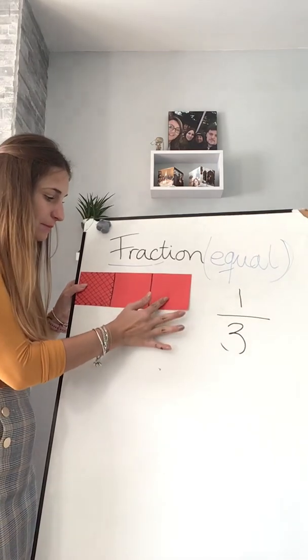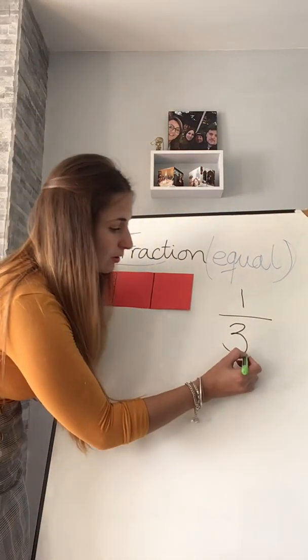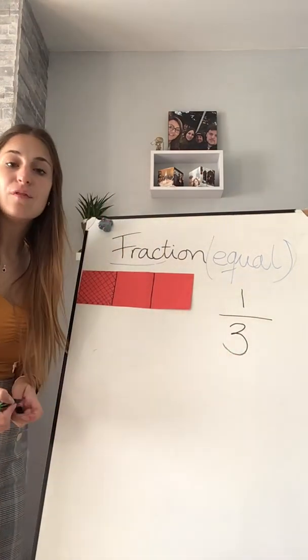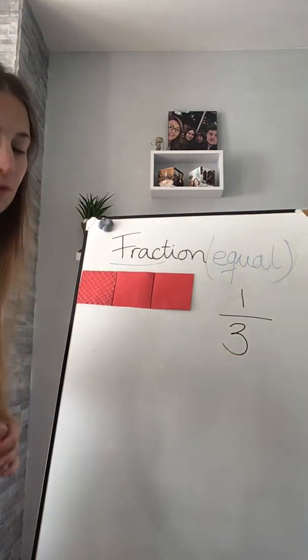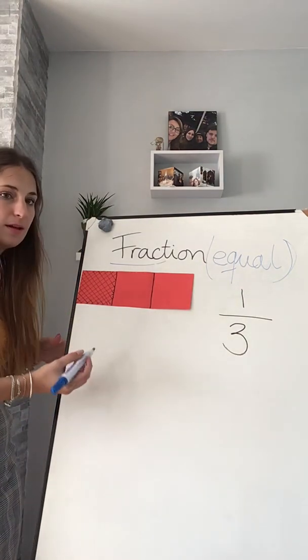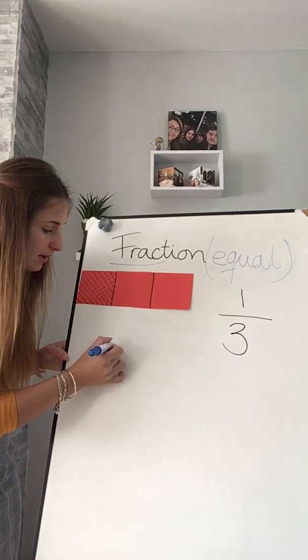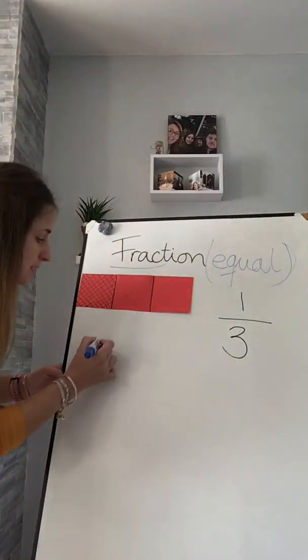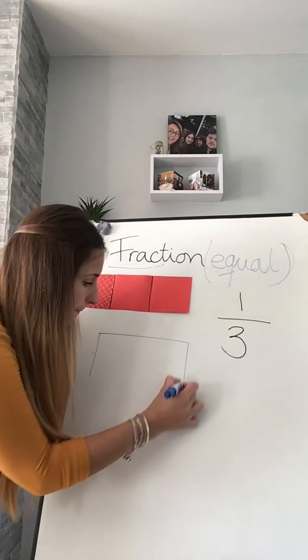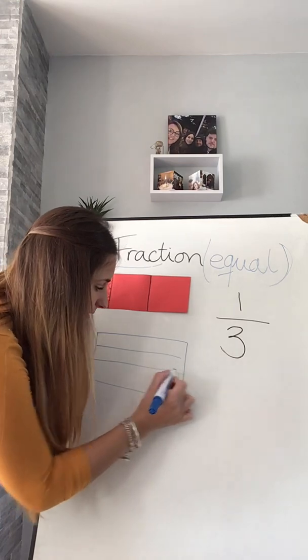Your work today is going to be finding thirds. You're going to need to find thirds of different shapes. So for example, we've done this one. Let me see, there are different ones. This one. And remember that they need to be equal.